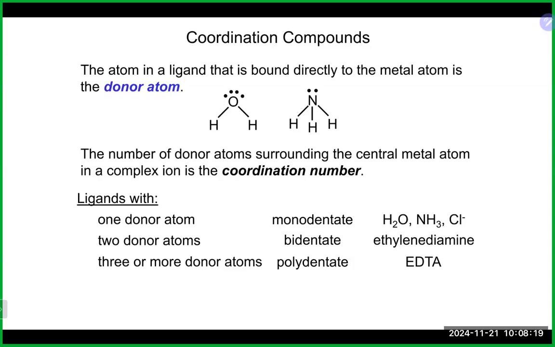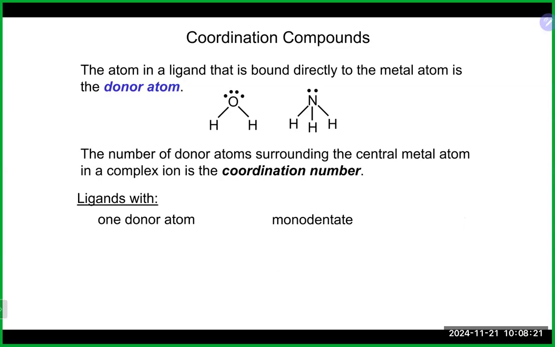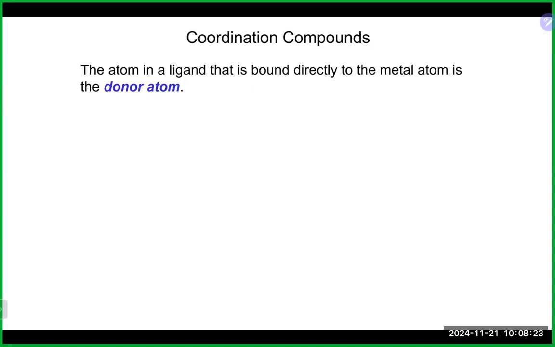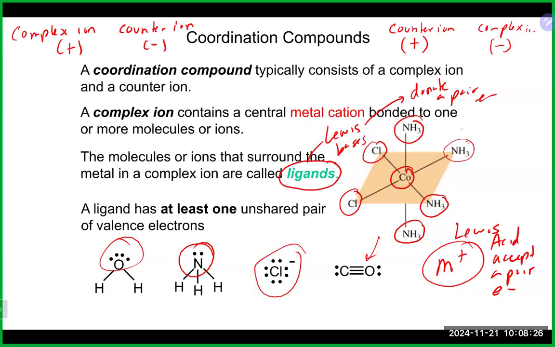For example, in the one on the previous page, the connection is through the nitrogen in each of the ammonias, and through the chlorine. So we basically have 6 connection points, 4 nitrogen atoms and 2 chlorides, and the coordination number would be 6.